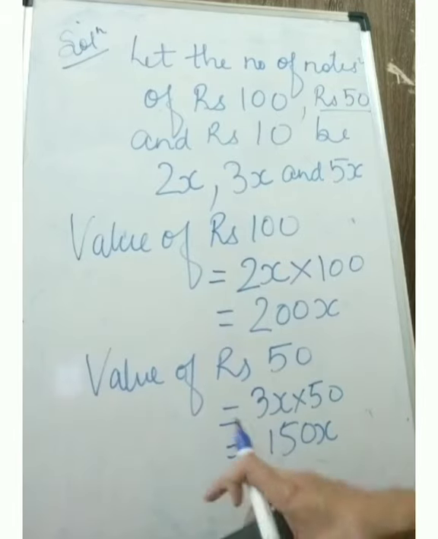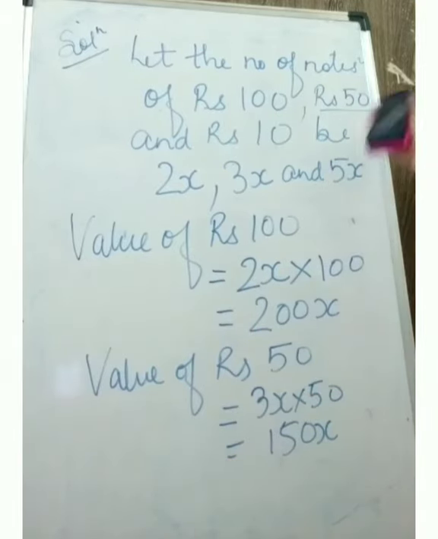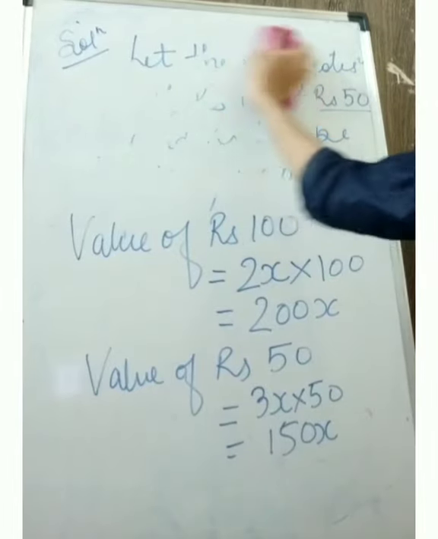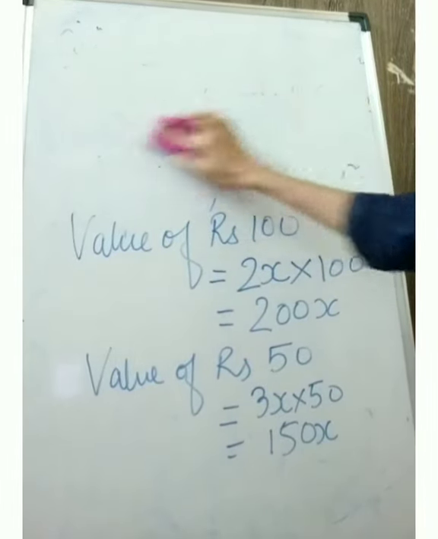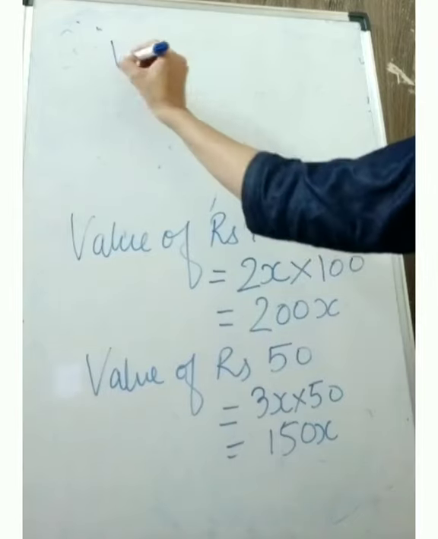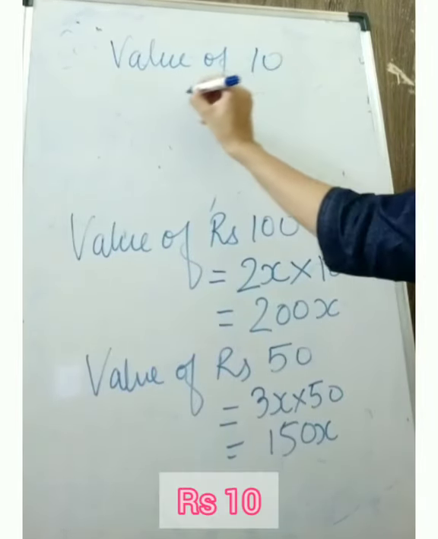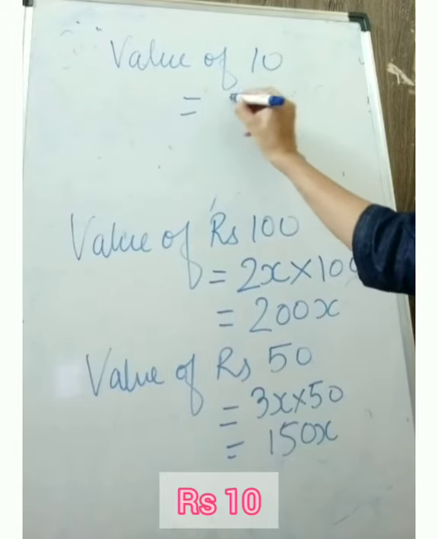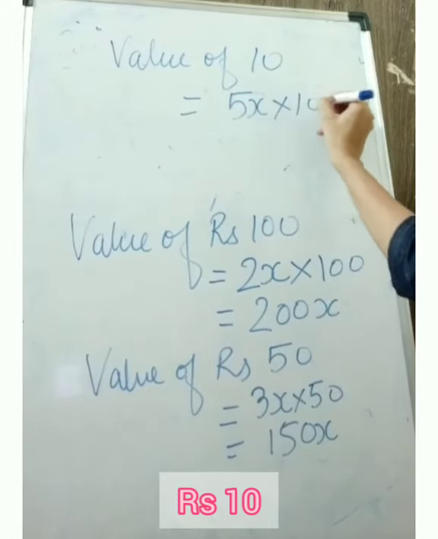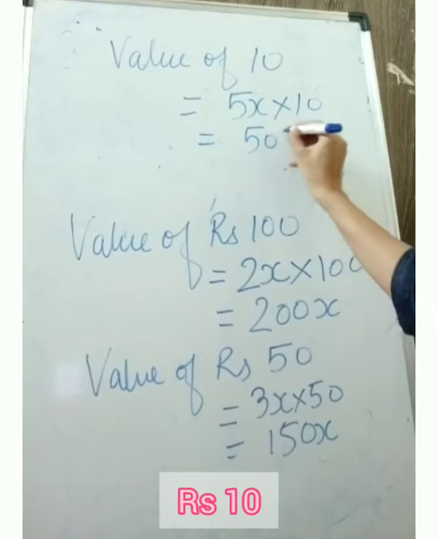Okay, and then we will write the last value, value of 10. Now the value of 10 is 5x into 10. 5 10s are 50x.